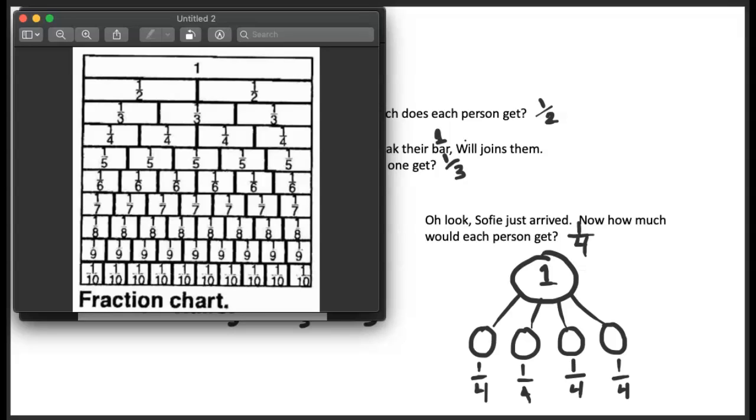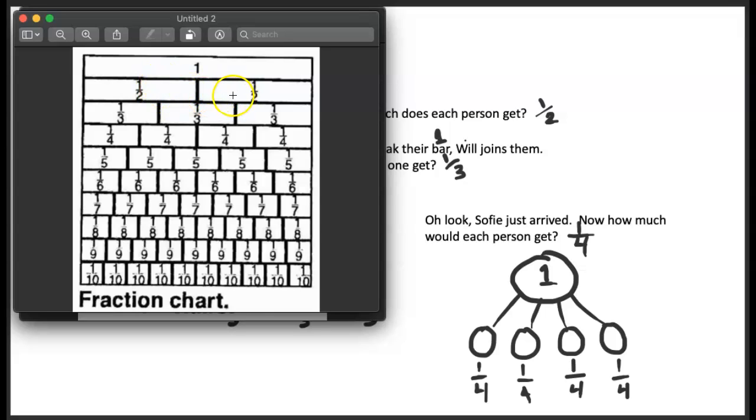Do you remember? Think about how much each person would get if it was just Lou and Joe dividing one whole granola bar. Yeah, they would each get half, so that second row with the halves shows the granola bar divided in 2, in halves.